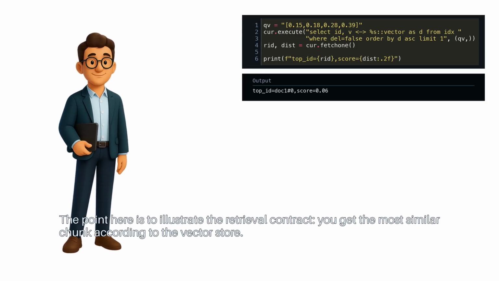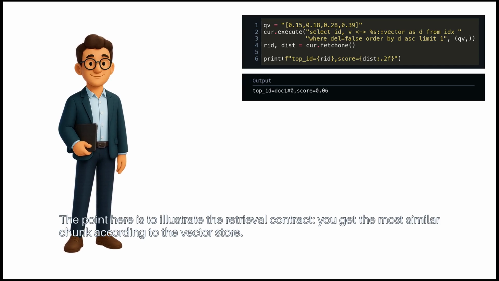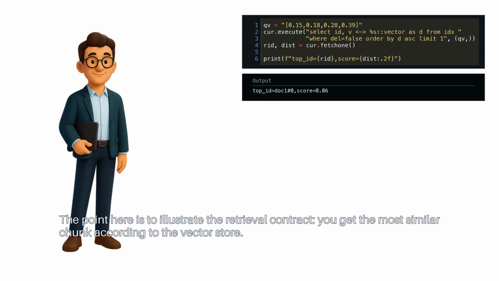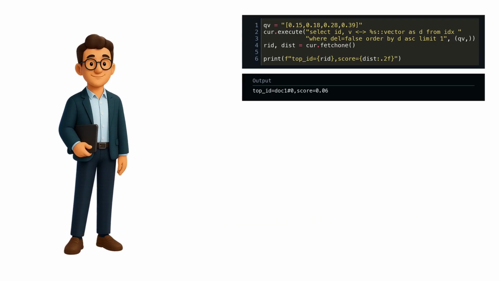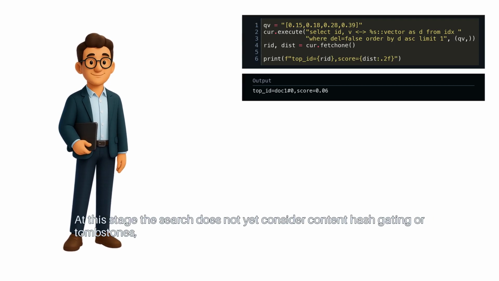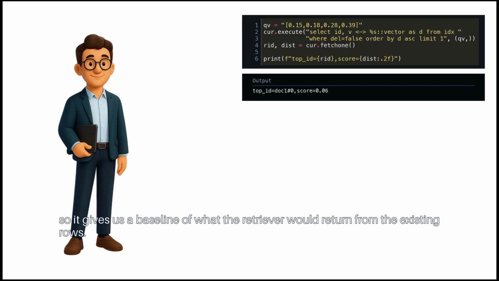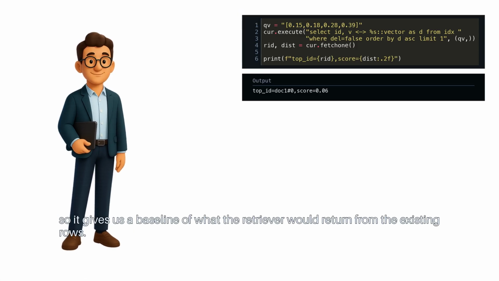The point here is to illustrate the retrieval contract. You get the most similar chunk according to the vector store. At this stage, the search does not yet consider content hash gating or tombstones, so it gives us a baseline of what the retriever would return from the existing rows.